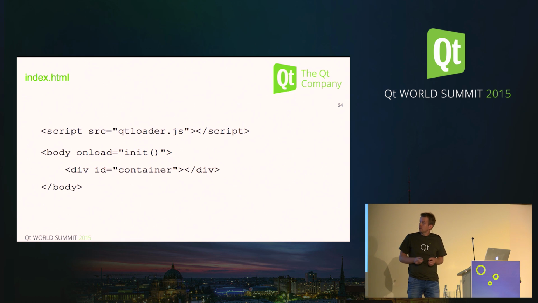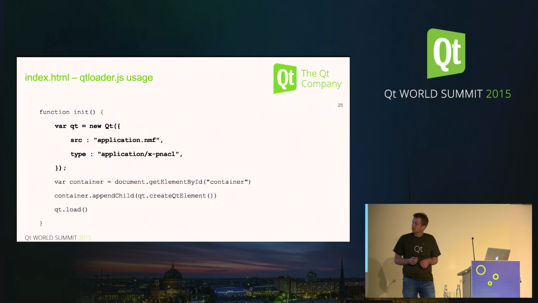So in index.html, it's actually quite simple. In the body of the HTML, you have a container div, and you give it that name, and you load the Qt loader script, and you then create a Qt object. You pass it the manifest file, application NMF, and specify the type.